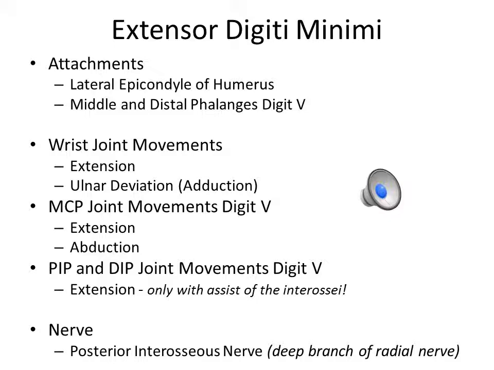Again, in order to produce extension at the PIP and DIP joints, the muscle needs assist from the interosseous muscles. Extensor digiti minimi is innervated by the posterior interosseous nerve, which is a deep branch of the radial nerve.